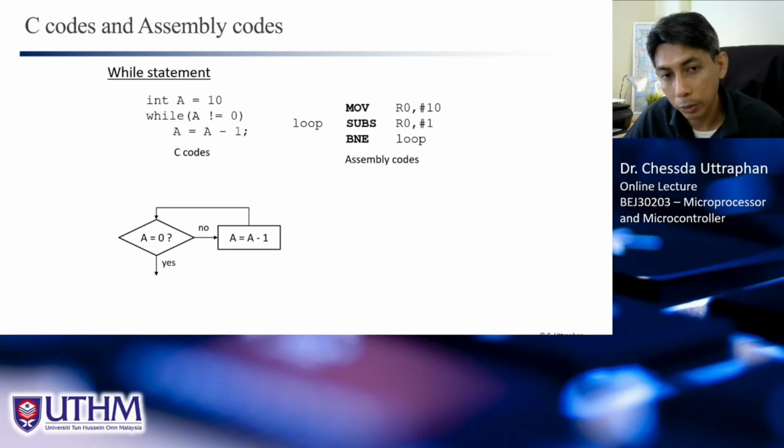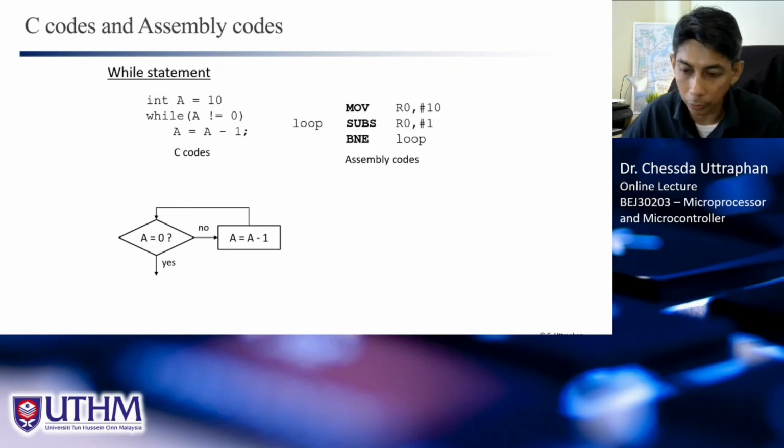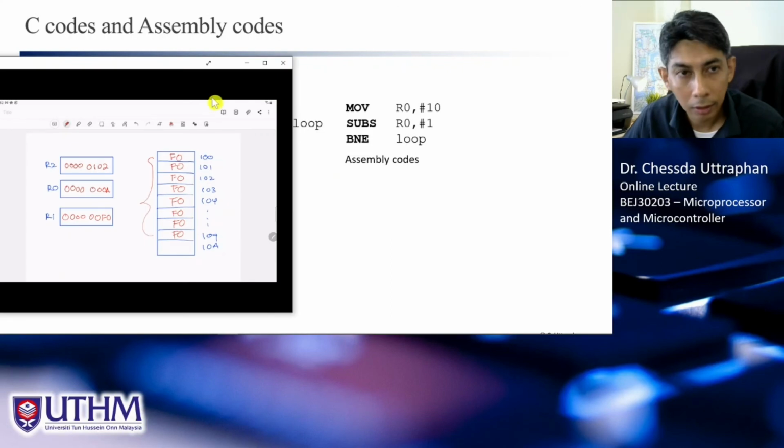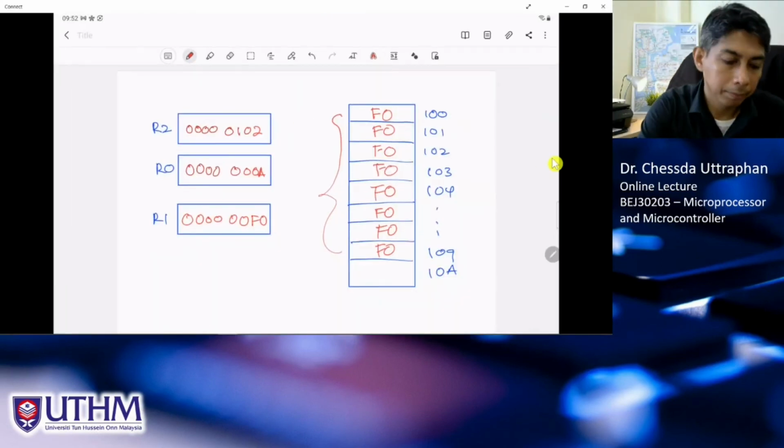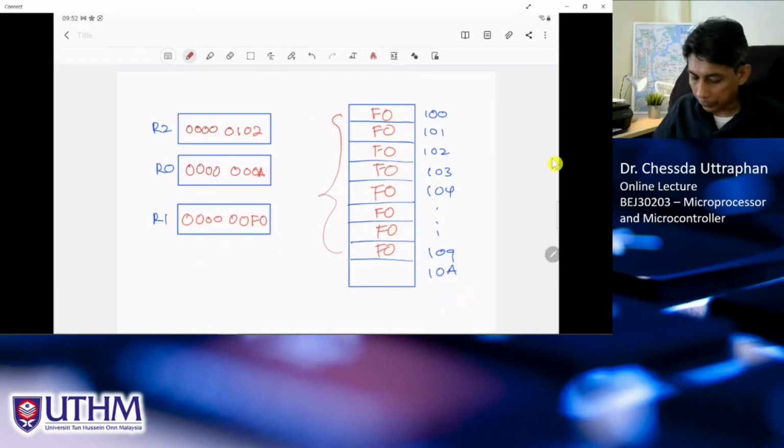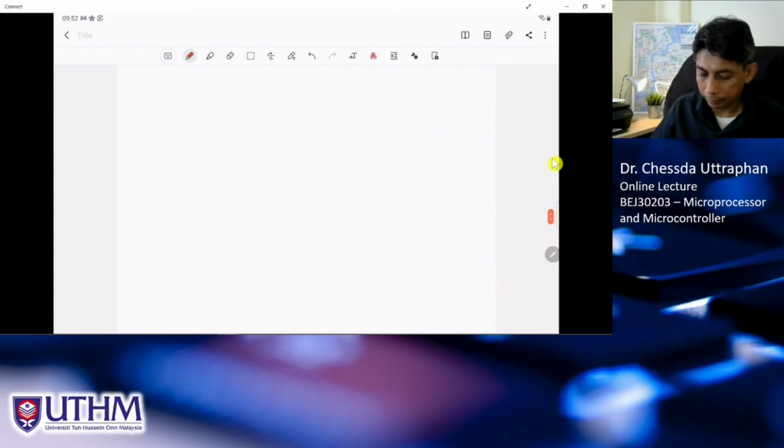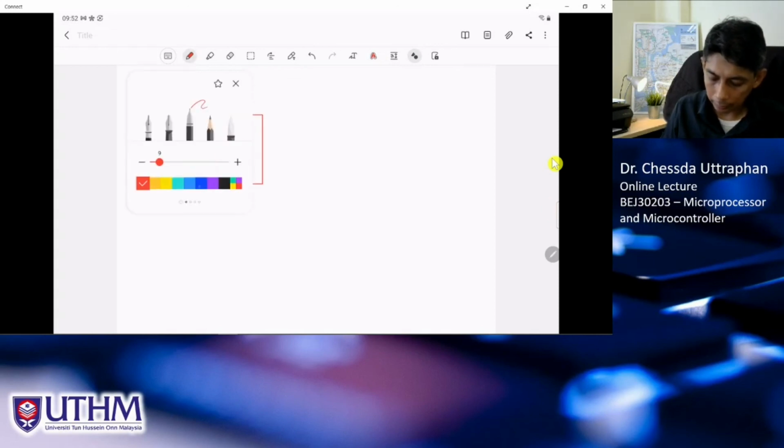For example, we want to create a delay program. A delay program is very important in a microprocessor. For example, this is our microprocessor.